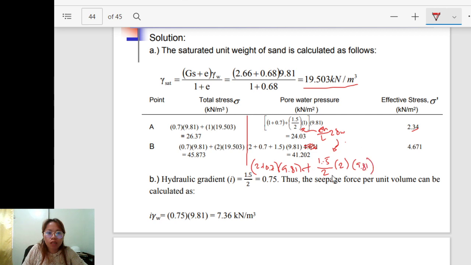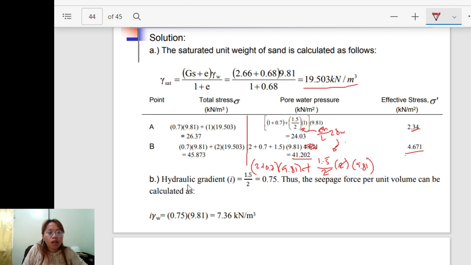So, the 2s cancel out here. And for this one, the answer is 41.873. Then, total stress minus the pore water pressure, the effective stress at point B is 4.671.